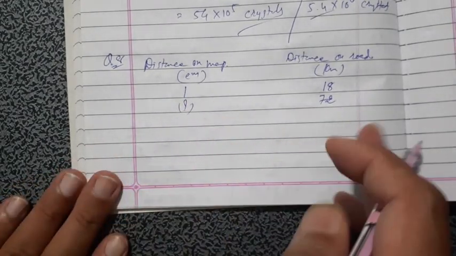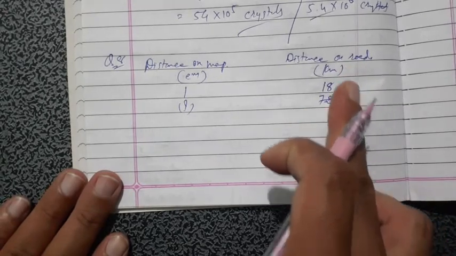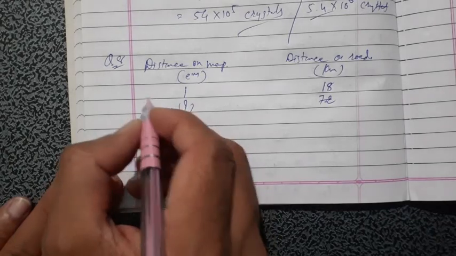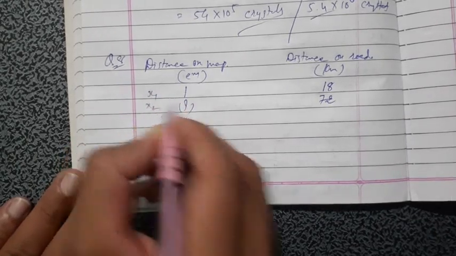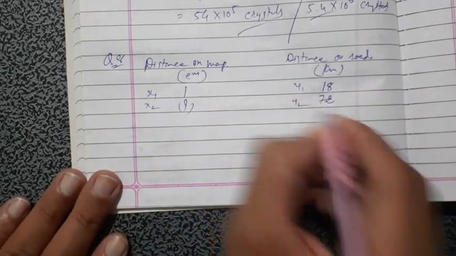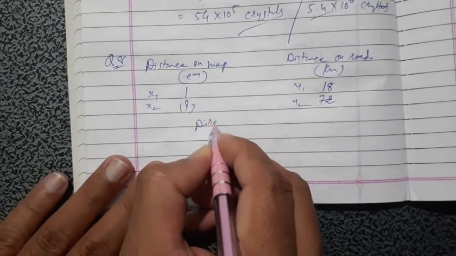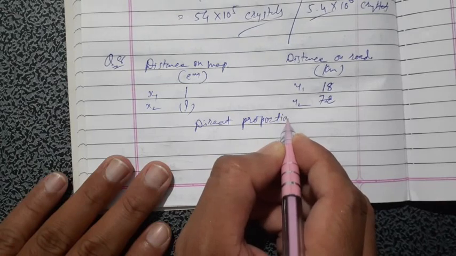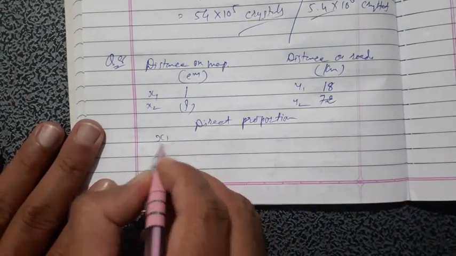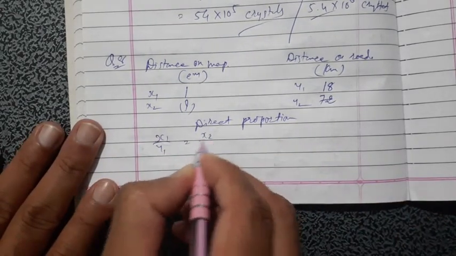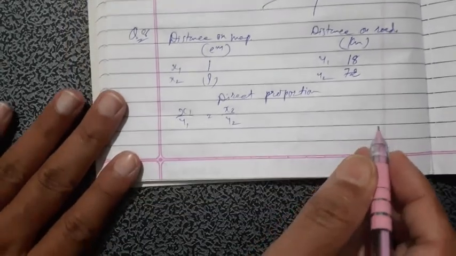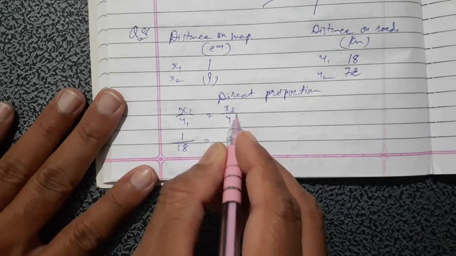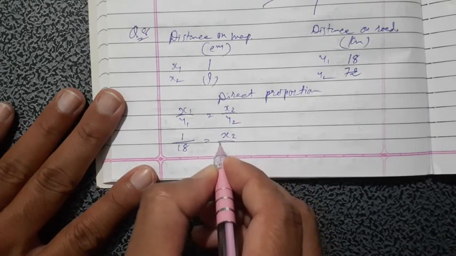When the total distance on the road increases, the distance on the map also increases. That means they are in direct proportion. So x1 upon y1 equals x2 upon y2. Put the values of x and y here. So 1 upon 18 equals x2, not given, upon y2, which is 72.